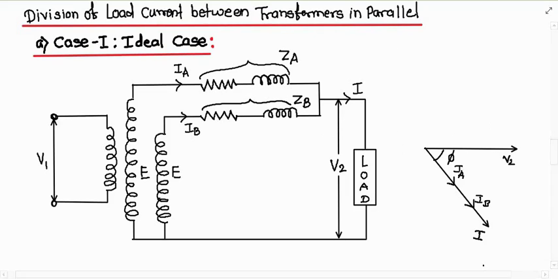In this figure, for the single triangle, first of all I have to draw the triangle. So let us draw the IR drop, which is in parallel with IA.